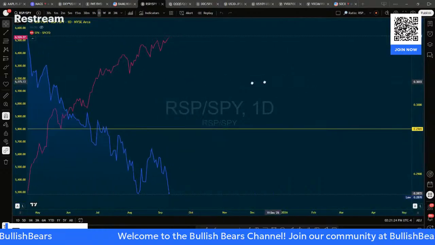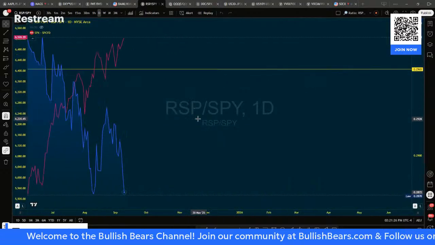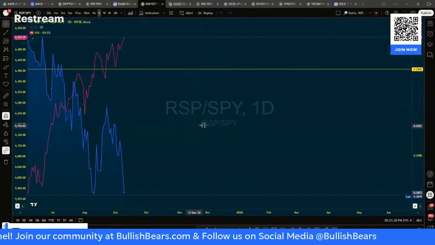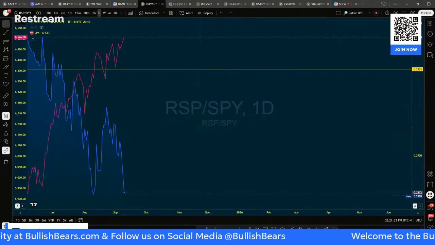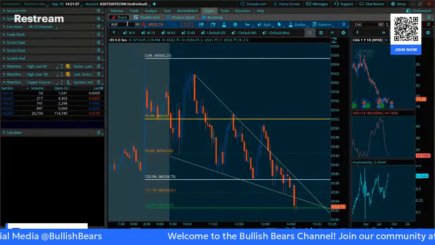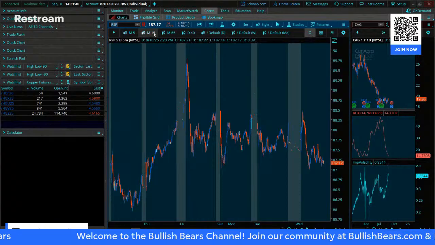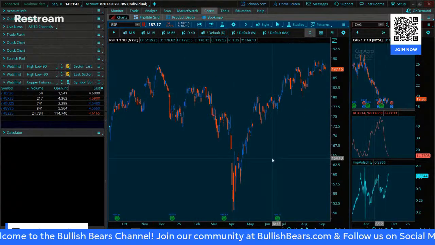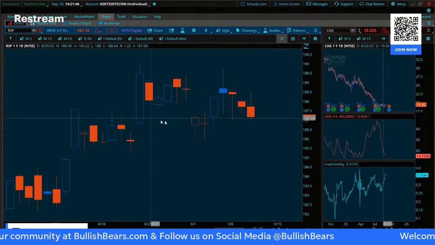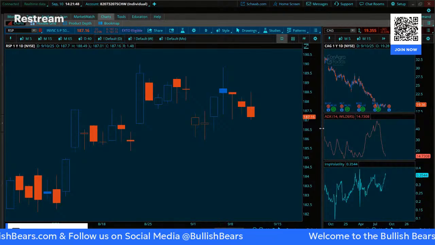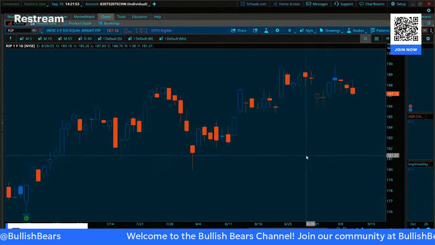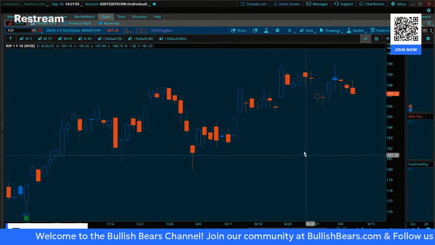Now, the one thing that gets a little tricky with these is that both RSP and SPY can be going up, right? This is often overlooked, but RSP is a market, right? It's the S&P. So there's your S&P equal weighted, like the Dow would be done.